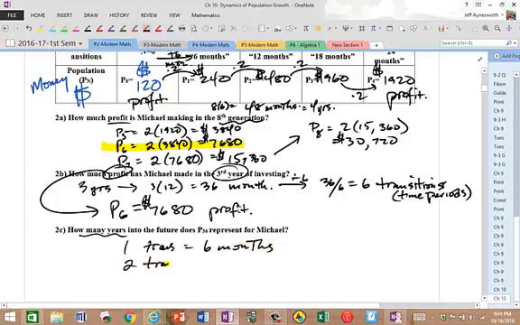I'm trying to do a common sense approach here. So 12 months or 1 year. If that's the case, then P sub 36 will be after 36 transitions, right?